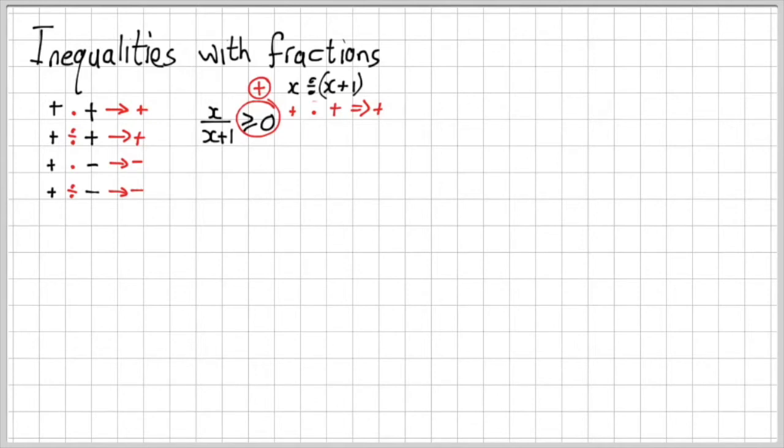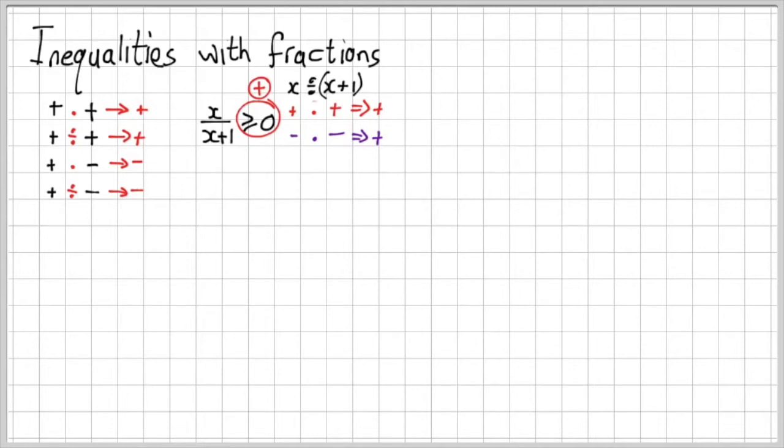Or I could have a minus divided by a minus, which also changes into a plus, and I can just as well replace the divide with a times. So in essence, whether I say a plus times a plus or a plus divided by a plus, the answer is still positive. Same goes with the negative.